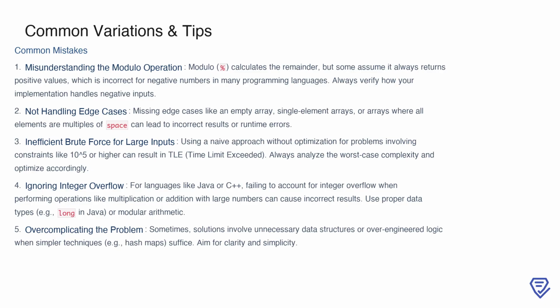Examples include handling empty arrays, arrays with just one element, or scenarios where all elements are multiples of the given space. These cases can lead to runtime errors or incorrect results if overlooked. Efficiency is another critical factor. A brute force approach might seem straightforward, but for large constraints like 10^5 or more, it can lead to time limit exceeded errors. Always analyze the time complexity in the worst case and optimize your solution.